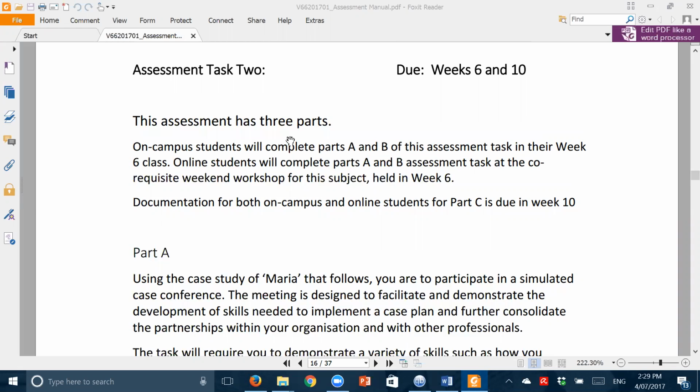So using Maria as the case study, you'll participate in the simulated case conference where you'll take part in a number of different roles.